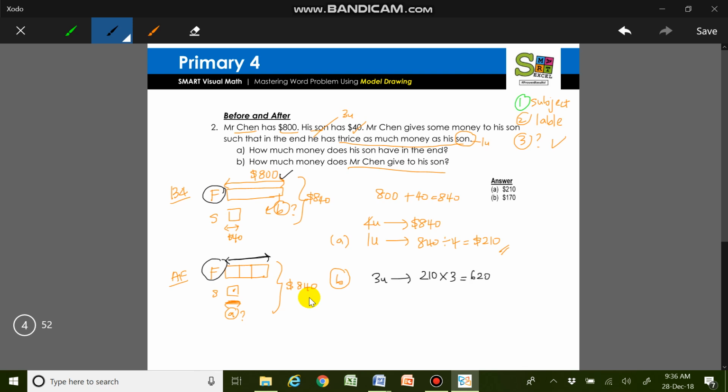Then to find the difference, you take the 800 minus 630, and that will give us $170.